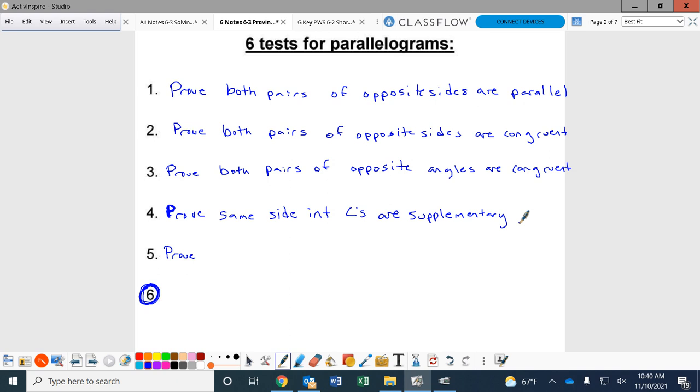What's the only one we haven't done? Diagonals, guys. What do the diagonals do to each other? Prove that the diagonals bisect each other.